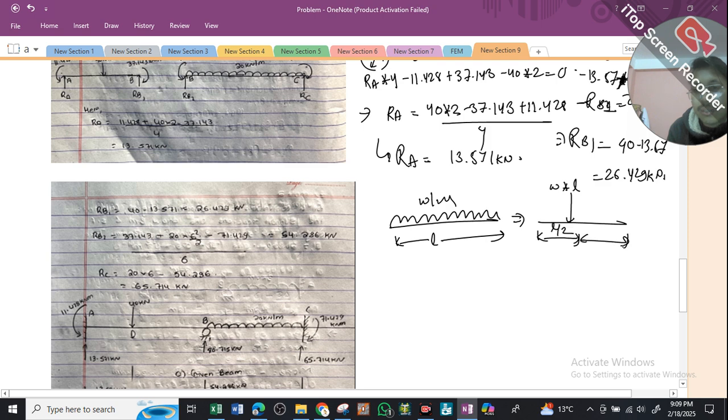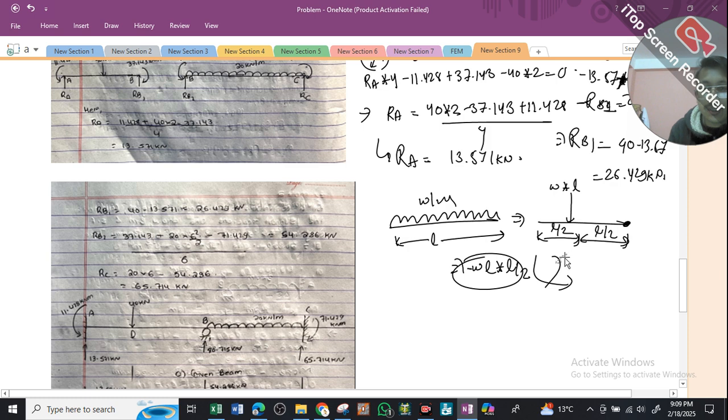If I'm taking the moment about C, this will be WL into L by 2, but with a negative sign, because it produces anti-clockwise moment, and anti-clockwise moments are taken as negative.